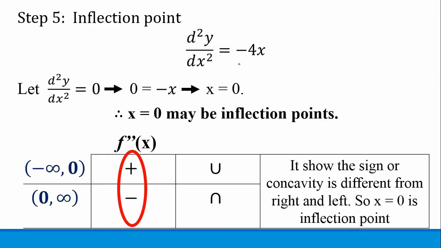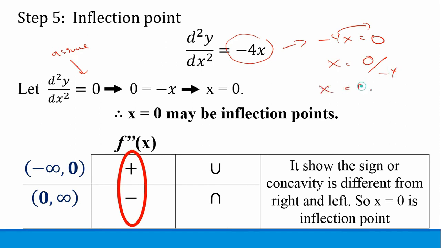From the second derivative, which is negative 4x, I assume that it is equal to 0. So negative 4x is equal to 0. I move negative 4, x equals 0 divided by negative 4. Of course, x equals 0.